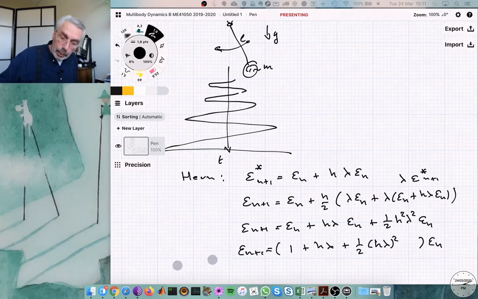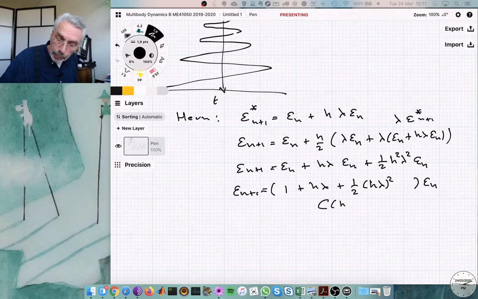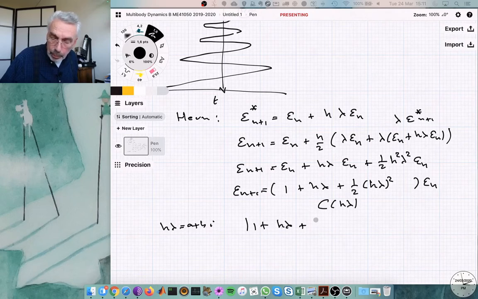And so this amplification factor now for Heun, we want, of course, and again with h lambda being a plus bi, that 1 plus h lambda plus 1/2 h lambda squared is less than 1. And again, we can plot this.